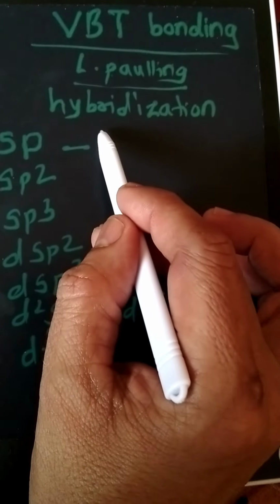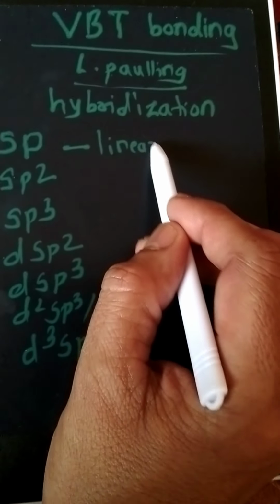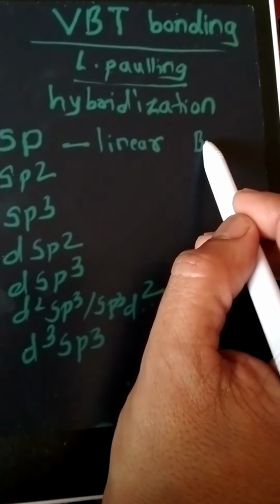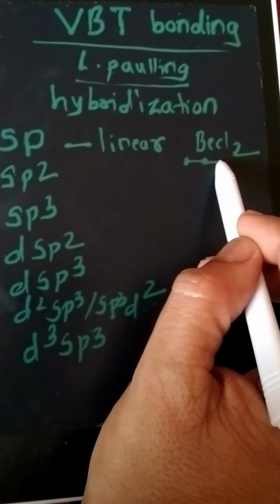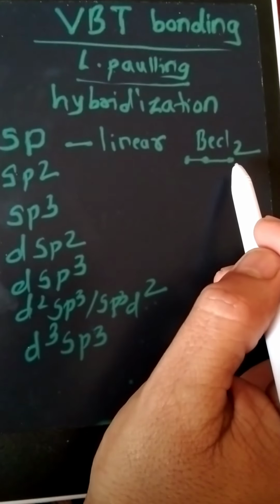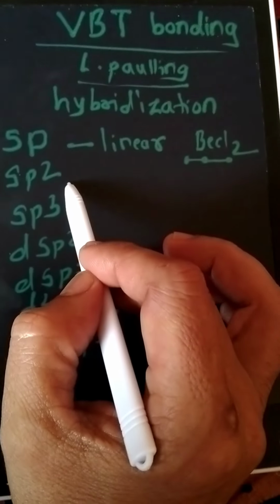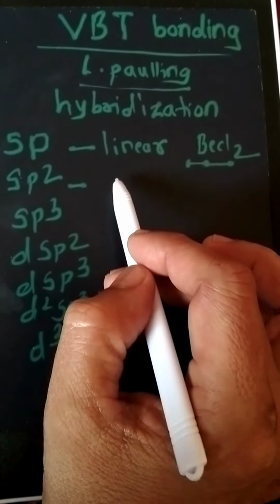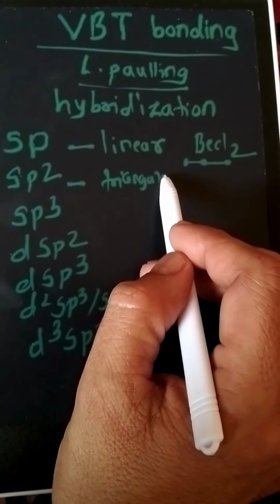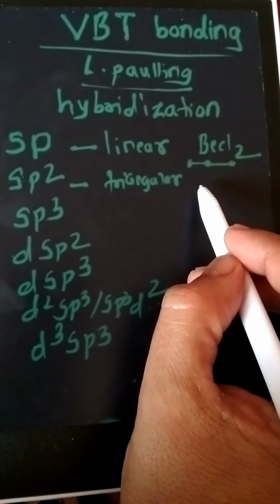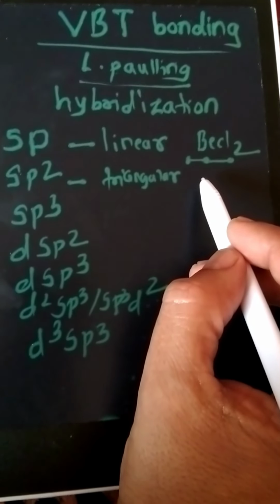If sp hybridization is there, linear shapes are shown by the molecules. Simple molecules like BeCl2 have a bond angle of 180 degrees, with beryllium at the center and chlorine at the side. sp2 hybridization gives planar triangular structures, shown by simple molecules as well as coordinate molecules.